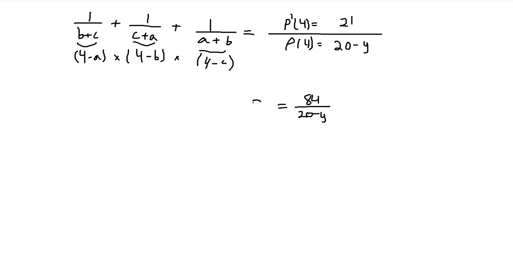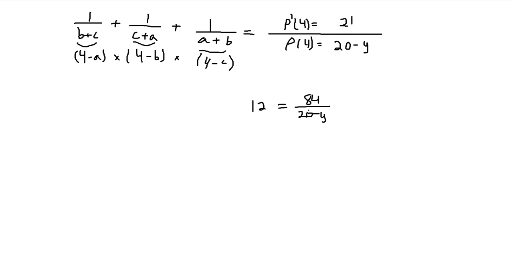And that's just equal to 9, and that was given information. And then we also have b plus c over b plus c, and c plus a over c plus a, and so on, right? And that's just equal to 3. So the left-hand side just becomes 12.